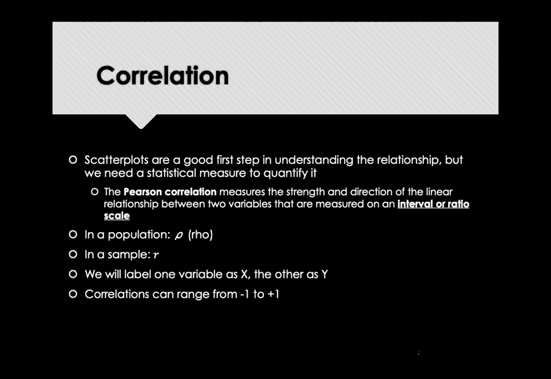In a population, the Pearson correlation is represented by rho, and in a sample, by lowercase r. So you'll often see Pearson correlation referred to as Pearson's r. We're going to label one variable as X, the other variable as Y, and we're going to end up with correlation values, or r values, that can range from -1 to 1.